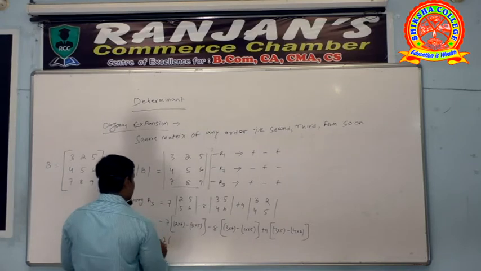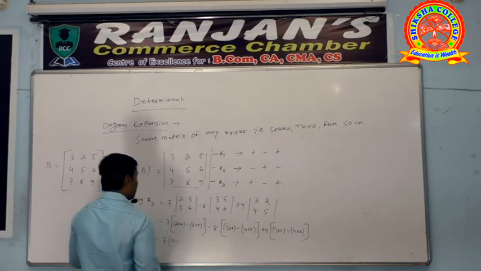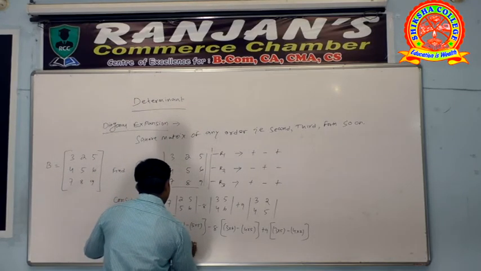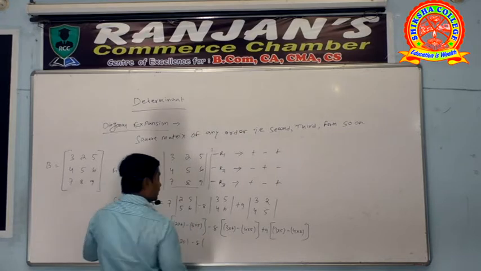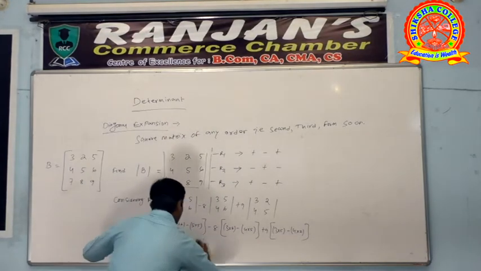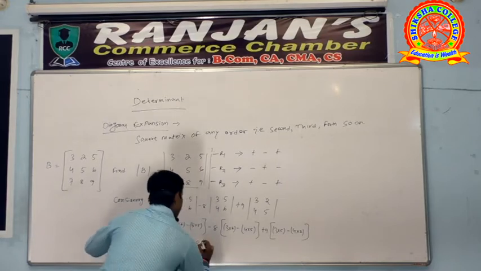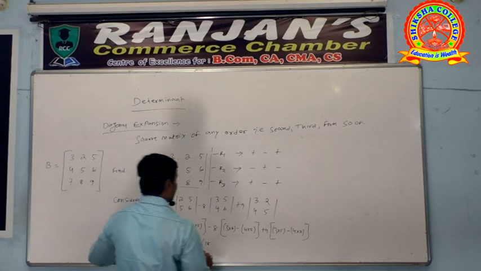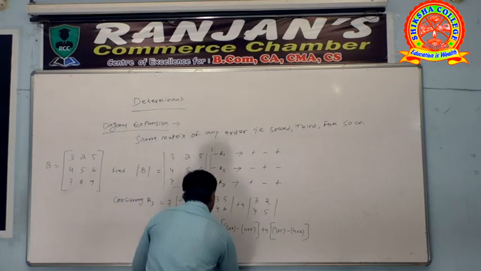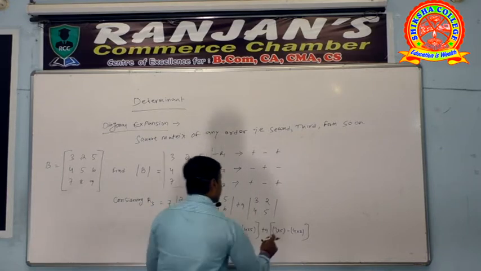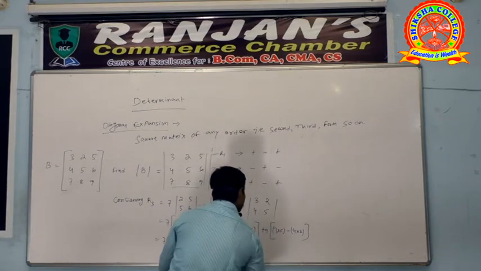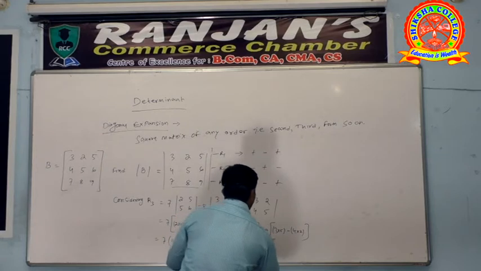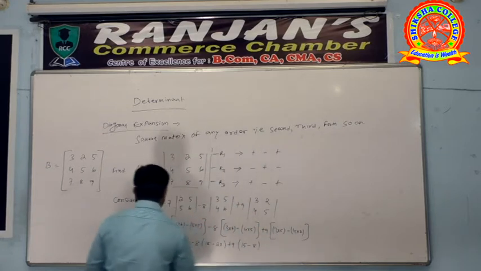Then 7, 6 2s are 12 minus 5 5s are 25, minus 8 into 6 3s are 18 minus 4 5s are 20, plus 9 into 5 3s are 15 minus 4 2s are 8. Okay.